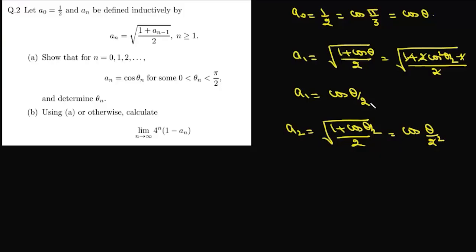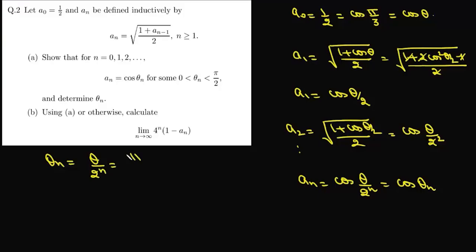So a1 is 2 to the power 1, a2 is 2 square. If we continue like this, we can write an as cos of theta upon 2 to the power n, which is of the form cos theta n, where theta n is theta upon 2 to the power n, and theta is pi by 3.